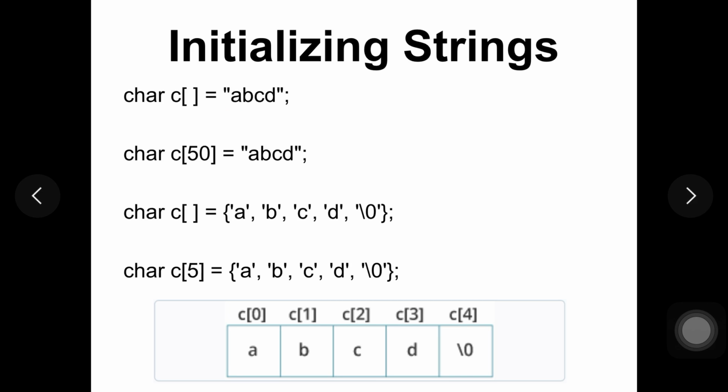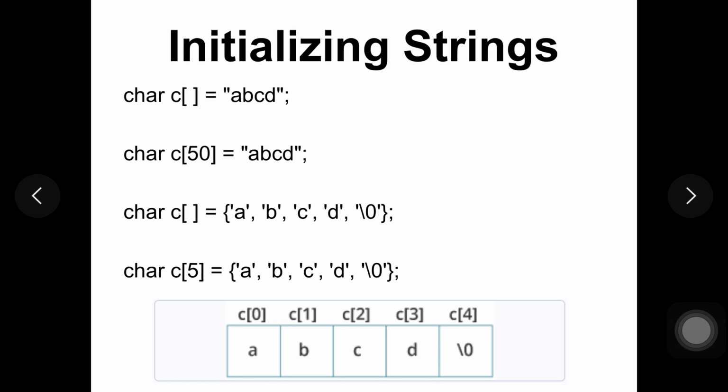For all these 4 methods, the memory will be allocated in a similar manner, which is shown at last. As we have read the characters A, B, C and D, they are stored in the same manner in memory.